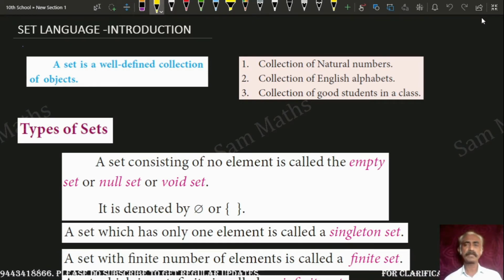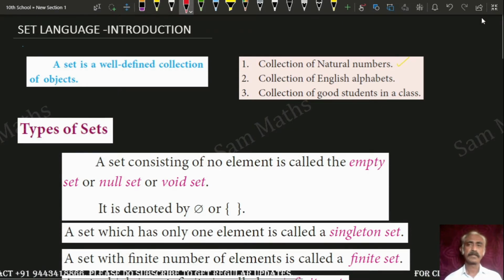If I say 10, you'll say it's in that set. Am I right? Which will be in that collection. Like that, if I say 0, you'll say that it is not a natural number. Therefore, there is certainty whether that particular element is in that collection or not. Therefore, the collection of natural numbers is a set.